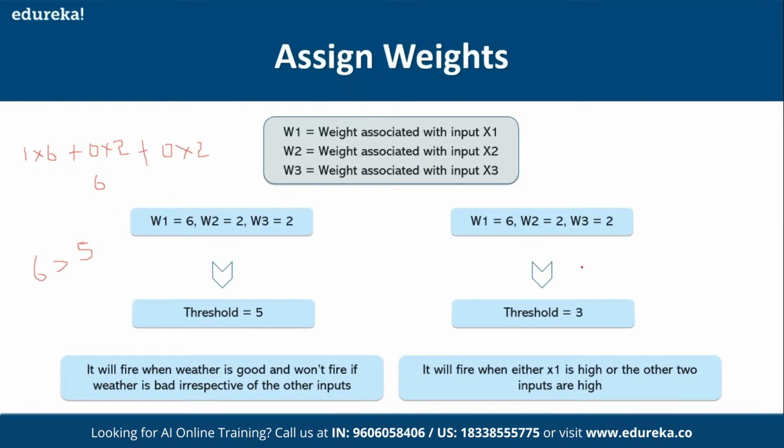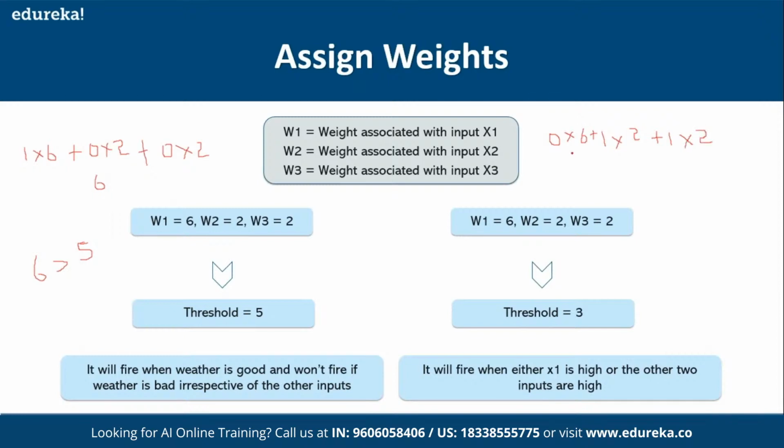Assume we change the threshold; we are not changing the weights, which are 6, 2 and 2. Now we say in this case the weather is bad, which means 0 into 6. Assume the spouse is accompanying you for the beer party, which is 1 into 2, and public transport is available, 1 into 2.